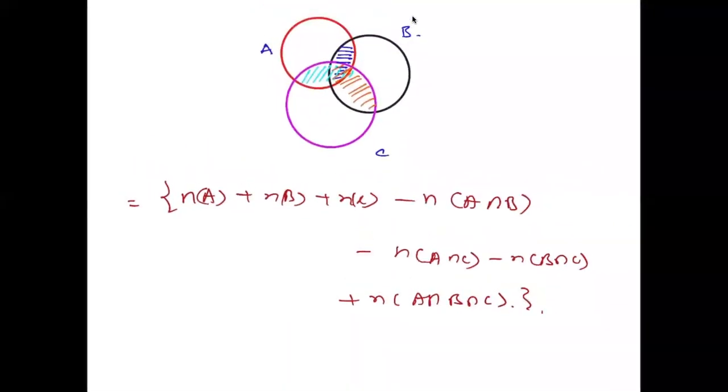For 3, for 4, for 5, for N, every time we have to go ahead like that, right? So this concept we have to use for our questions, which would be something like this.